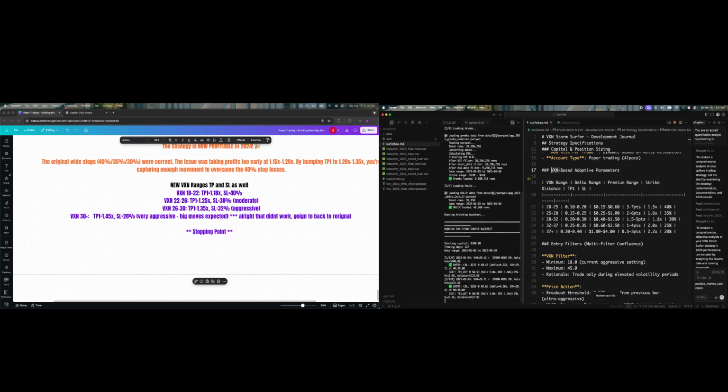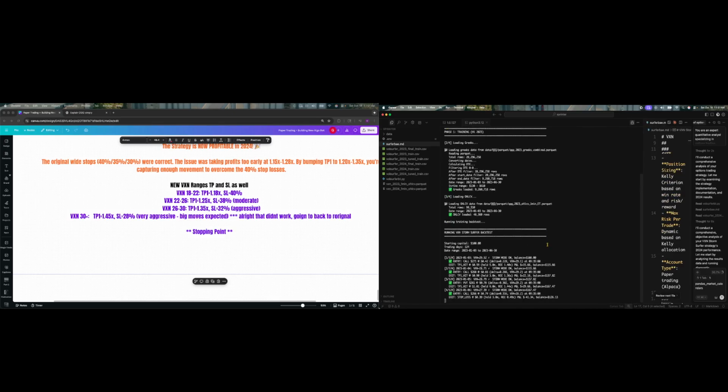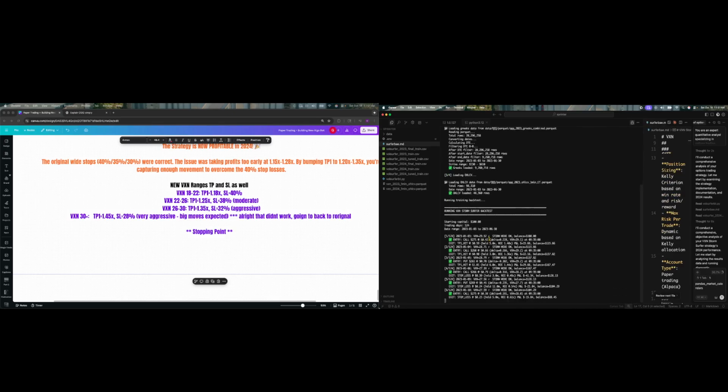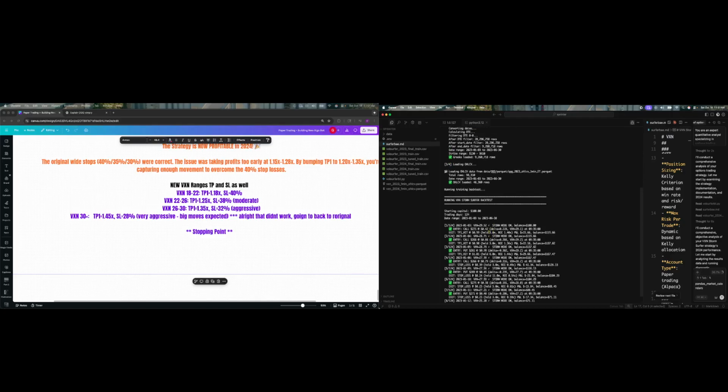So we have our back test and it's running. Give me a second, I want to take a peek. All right, so we have our first trade. Let's break down our first trade, because it looks like it was good.